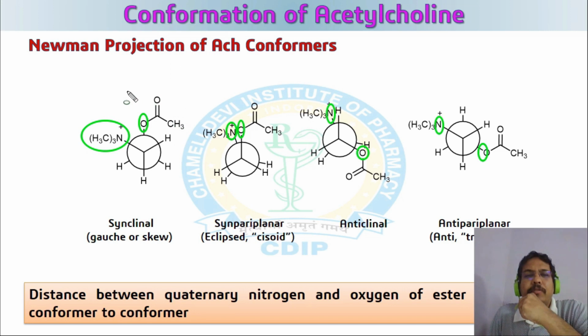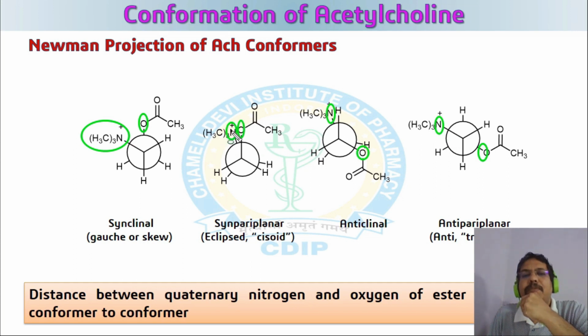And definitely these variations might be responsible for the non-specific nature of acetylcholine. In one conformation it might bind with the nicotinic receptor, while in other conformations it might bind with the muscarinic receptor. So this synperiplanar is eclipsed, where the quaternary amine completely covers the oxygen portion or this carboxylate area of this acetyl group, while in the case of anti they are completely opposite.